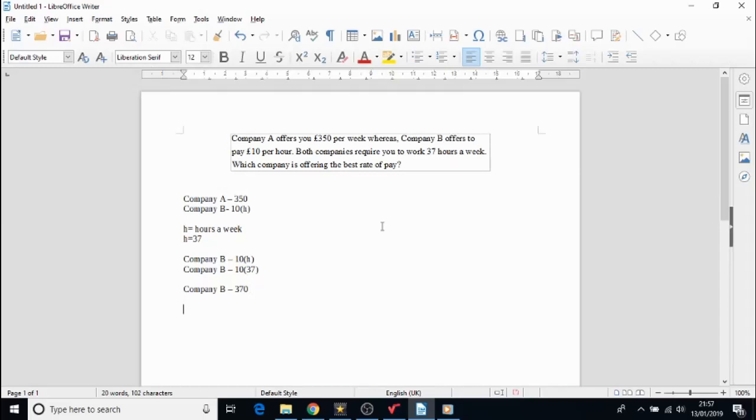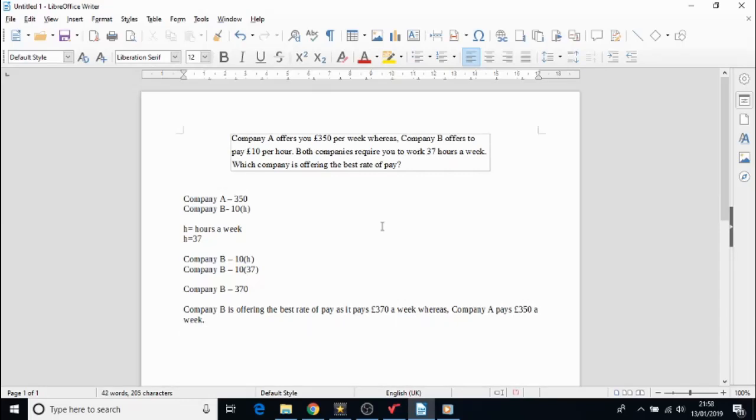Therefore, Company B is offering the best rate of pay, as it pays £370 a week, whereas Company A pays £350 a week.